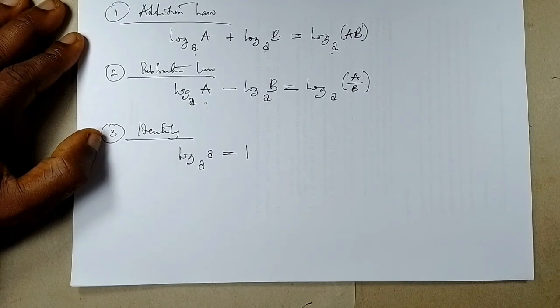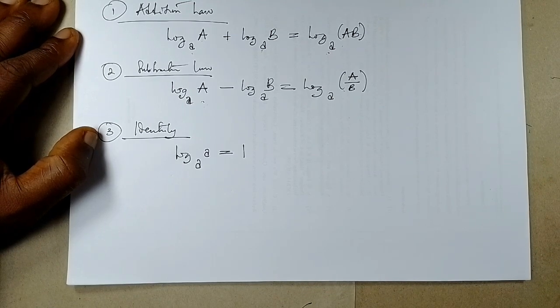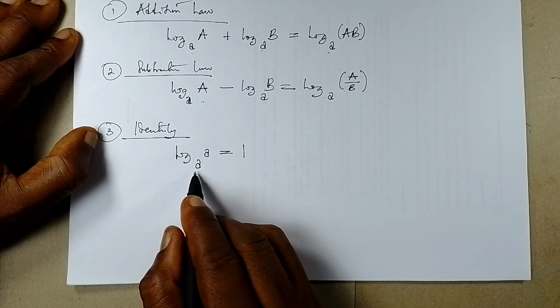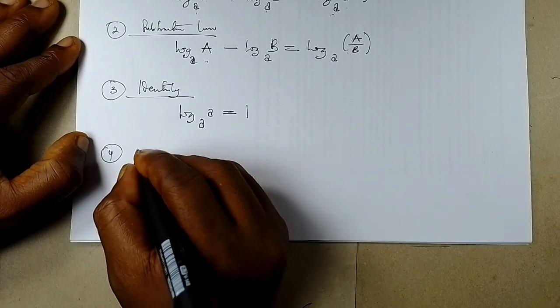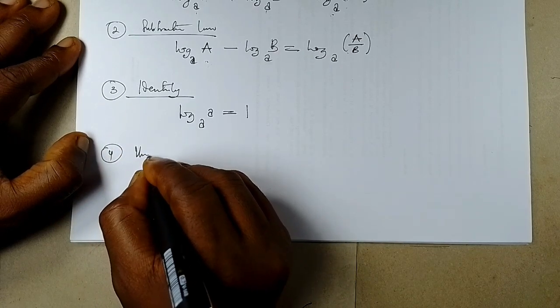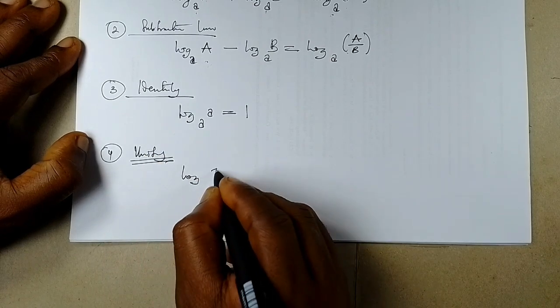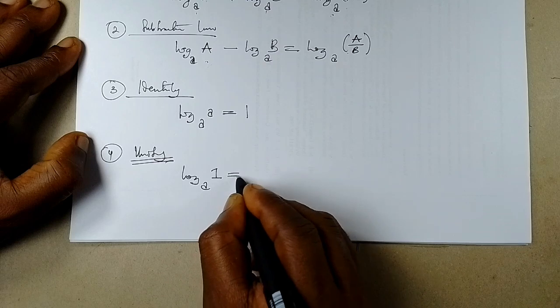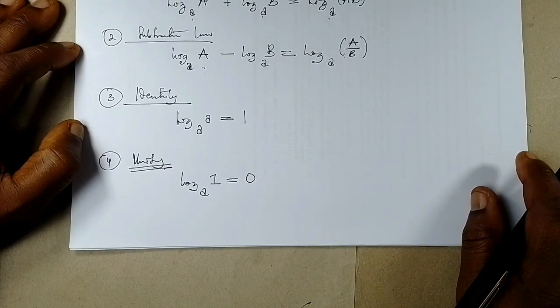If you take the logarithm of a number a to itself as base, it will give you 1. So please take note of that. Then the next law is the law we call the unity law. This law is simply saying that if you take the logarithm of 1 to any base at all, the result would always give you 0. The logarithm of 1 is 0.